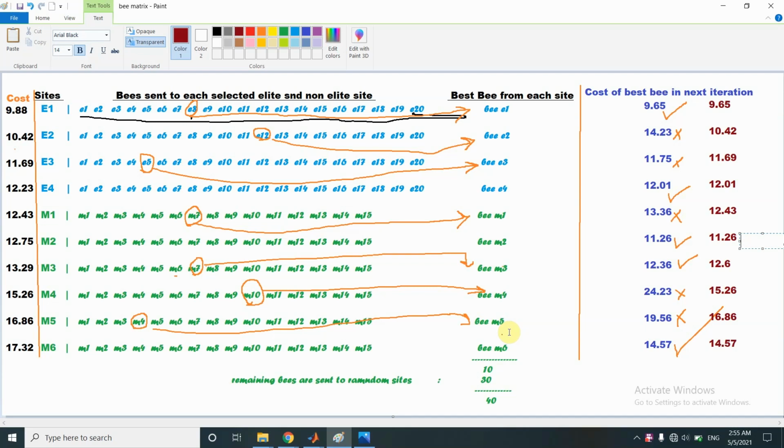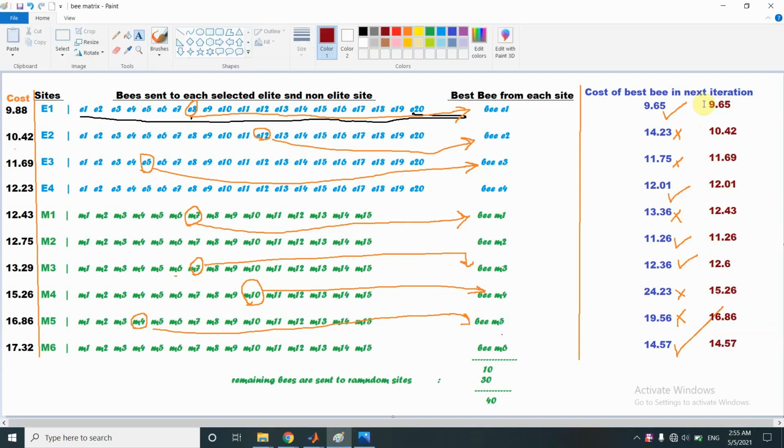And so after that comparison and update, these are the cost values of the bees of these selected elite and non-elite sites. Remember that these bees form part of the population of 40 bees. These are the 10 bees that form a part of the population of these 40 bees.